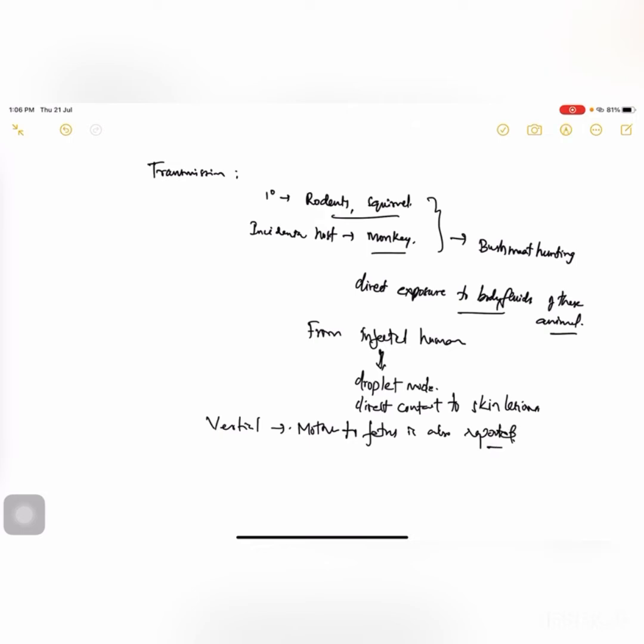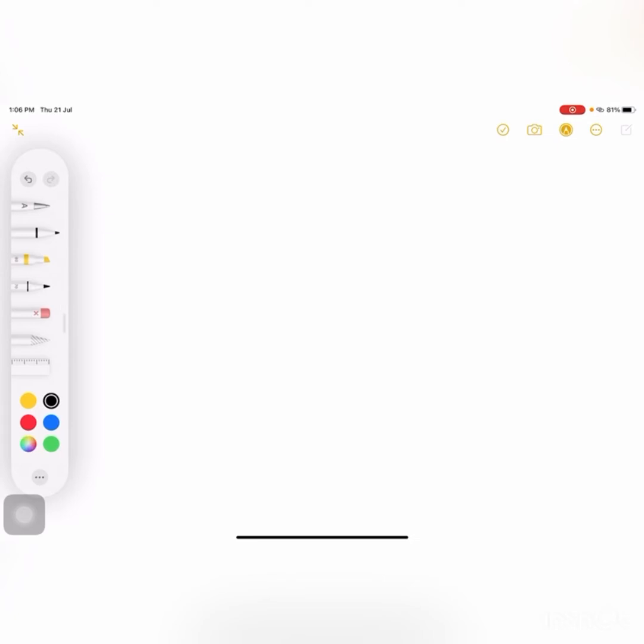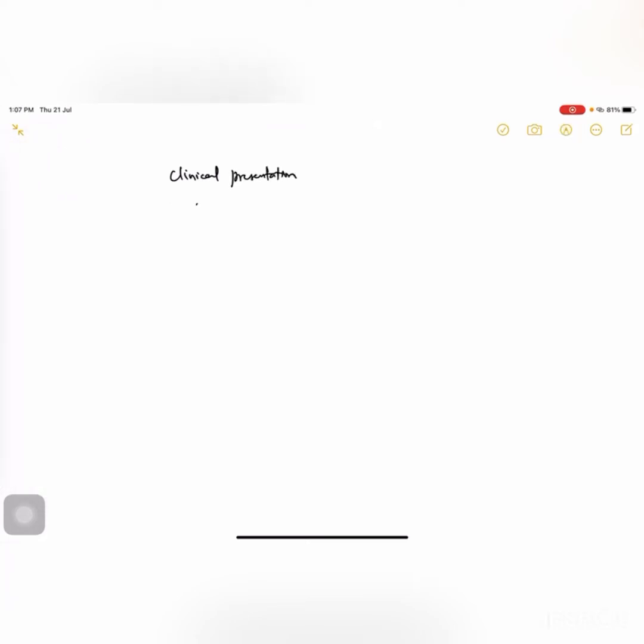Now coming to clinical presentation. The incubation period is 5 to 21 days. After this incubation period of 5 to 21 days, the patient starts experiencing the symptoms.